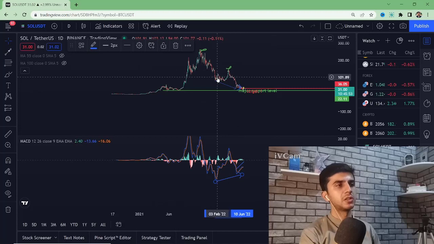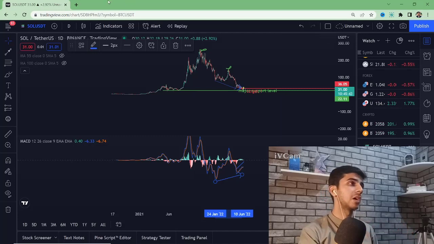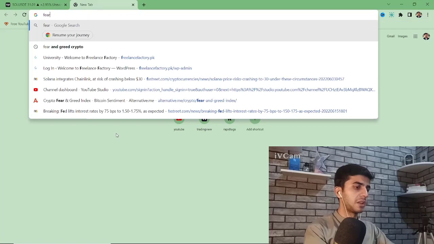The price is moving down and the RSI is moving up. If you get this divergence and a good entry right in place, and already there's a lot of fear in the market, if you get the entry right, you're going to make a hell of a lot of money.